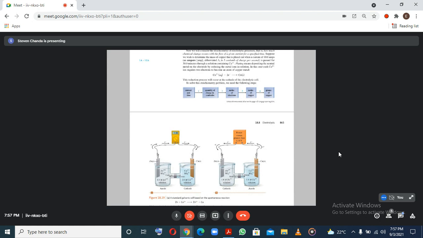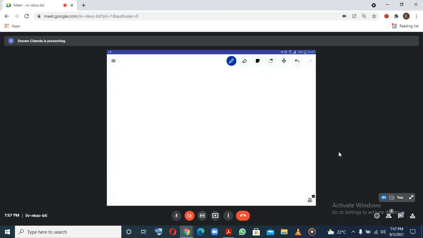So what's the question really asking of us? So what the question is asking of us is, you've got a certain reaction which is occurring, and they want copper to be plated on something.